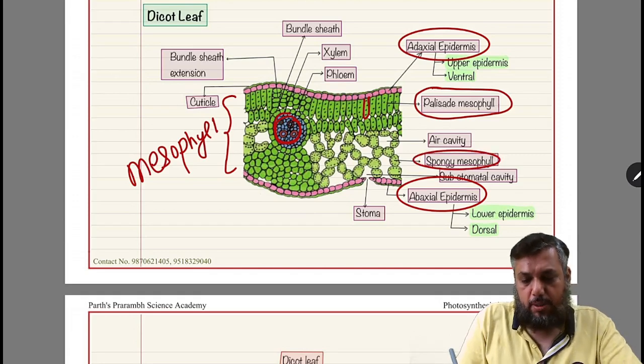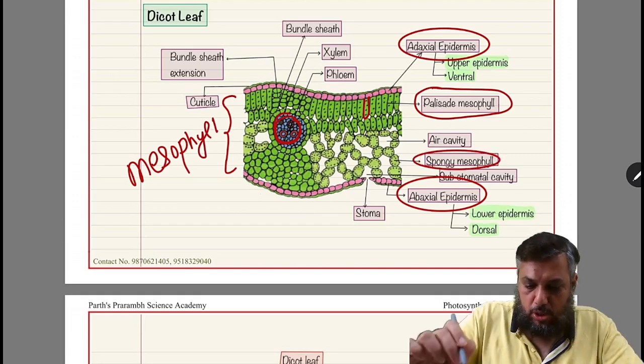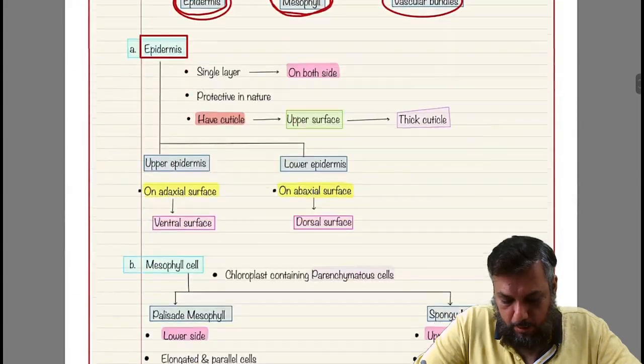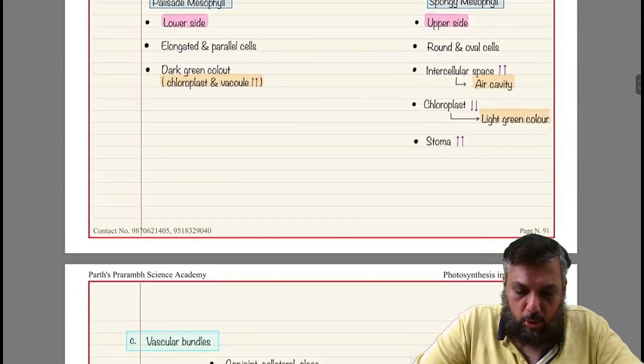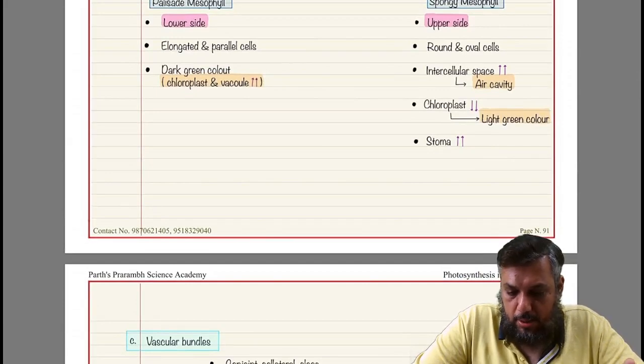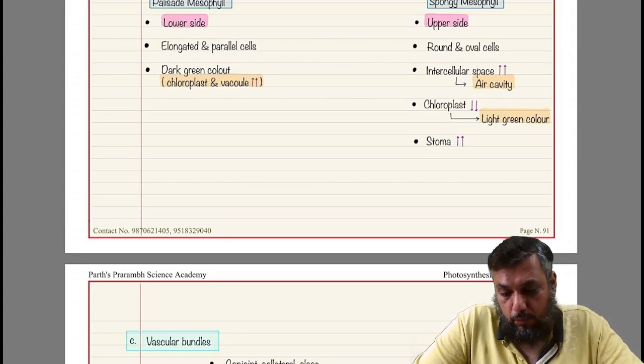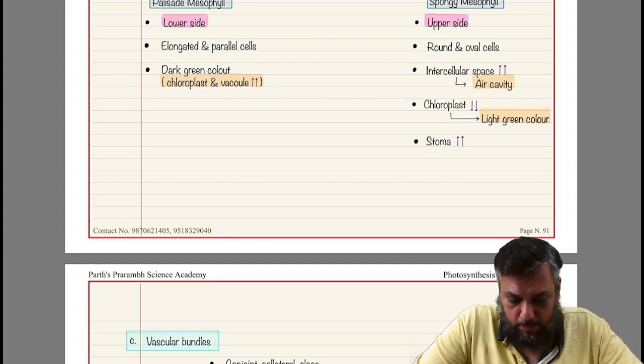So you have two types of mesophyll, a palisade mesophyll and a spongy mesophyll. So mesophyll in this case we say is differentiated. The palisade mesophyll is dark green in color. It contains more amount of chloroplasts, whereas the spongy mesophyll is lighter in color because it shows the presence of fewer chloroplasts.